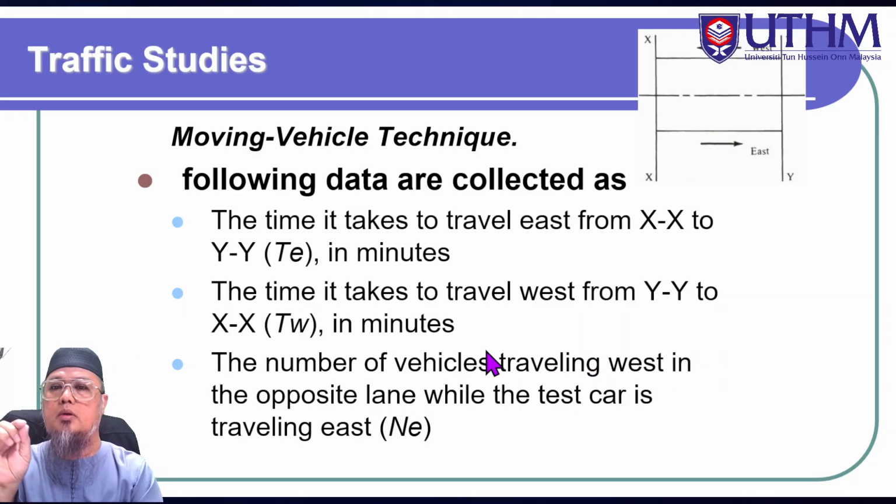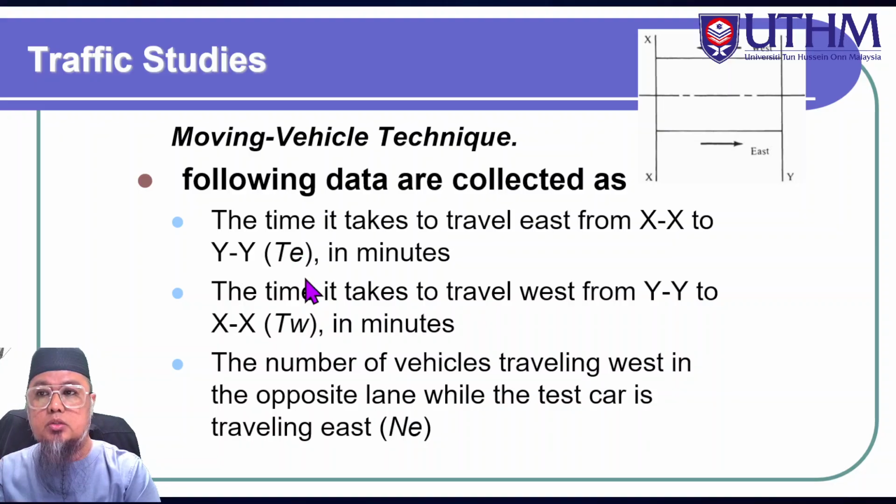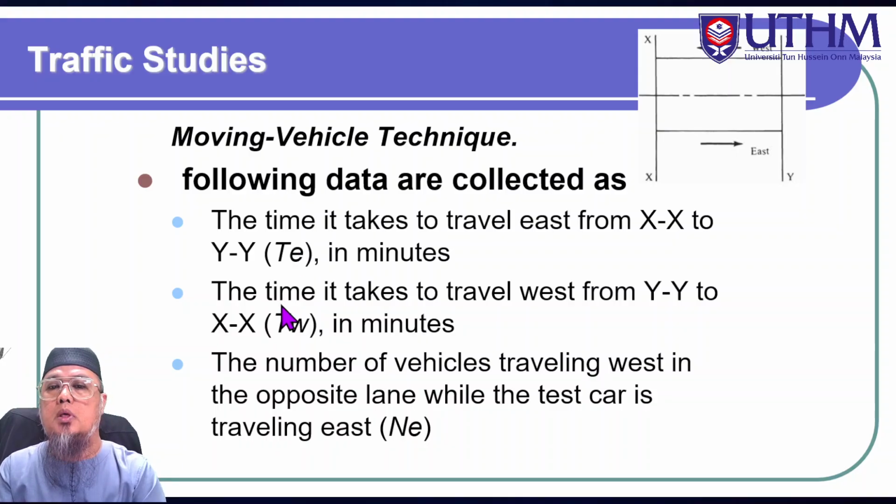Now they put in indicators, the parameters. To collect the travel time from X to Y, the direction is east, so the indication is small e, travel towards east.